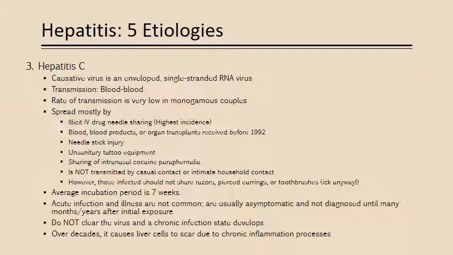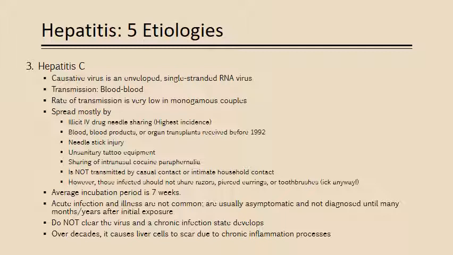Other routes are needle stick injuries, blood and blood products or organ transplants prior to 1992, unsanitary tattoo equipment, and sharing of intranasal cocaine paraphernalia. It's not transmitted by casual contact or intimate household contact.